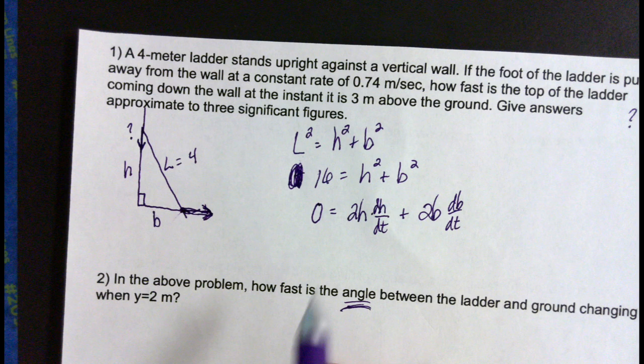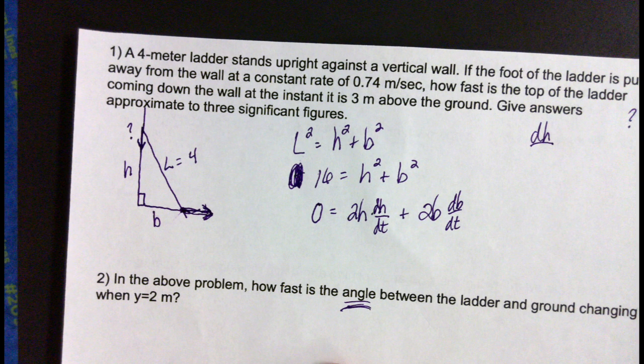Do we have to use the Pythagorean theorem to find B at that point? Yeah, very good. What do I not know? I don't know B. Now, I know H because if the height is 3 and the ladder is 4, then what will be B?